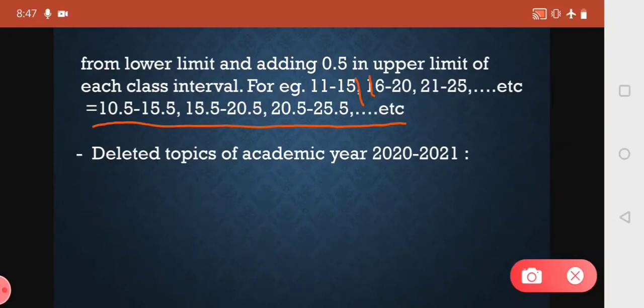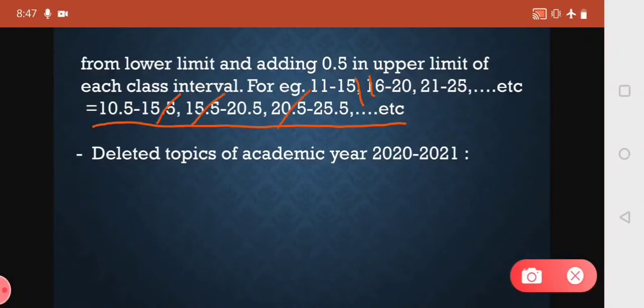For the second class, subtracting 0.5 from 16 gives a lower limit of 15.5, and adding 0.5 to the upper limit 20 gives 20.5. So 15.5 to 20.5, and this is continuous.